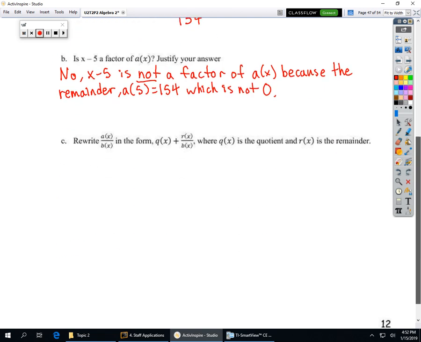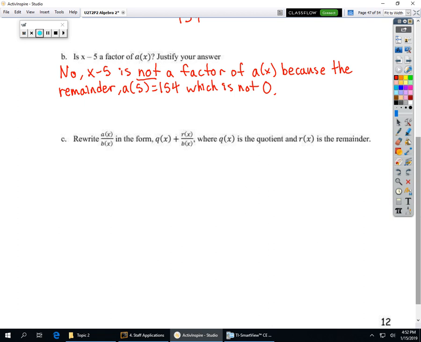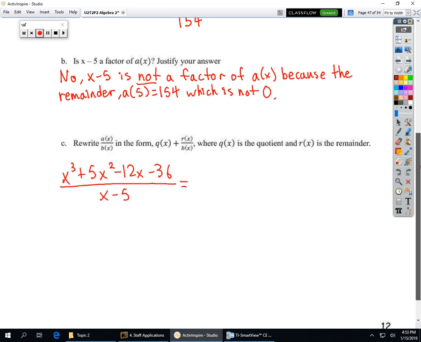The last question here. This isn't something we talked about in class, but this is one way to write the actual division out as another expression. So rewrite the division, a(x) divided by b(x), in the form q(x) plus r(x) over b(x), where q(x) is the quotient. Quotient means it's the answer I got. r(x) is the remainder. So a(x) is the big polynomial, divided by b(x), which is the thing I divided by, the divisor, equals q(x). q(x) is what I got as an answer.